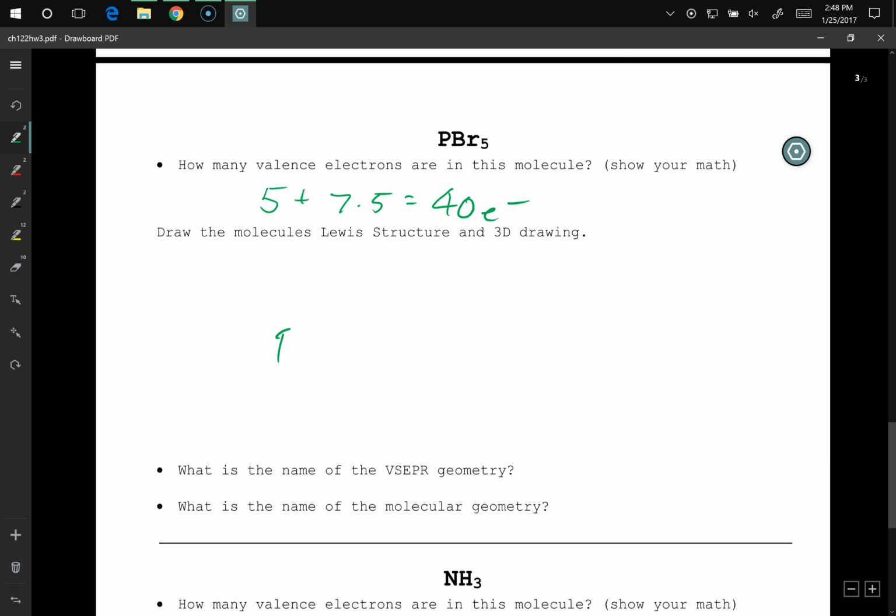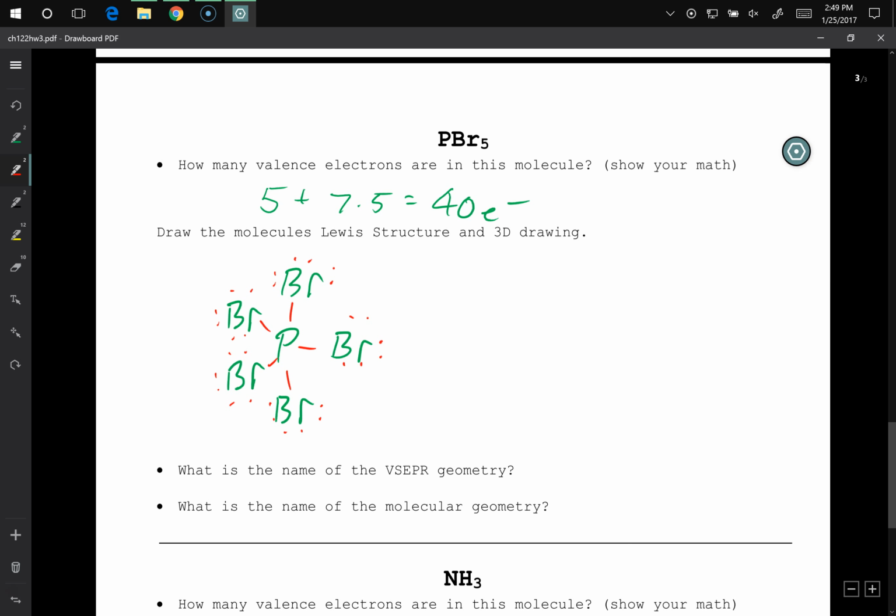I'll put a phosphorus in the middle. So I've used 10, I have 30 left. If I put 6 around each, I've used all 30 of the remaining electrons.